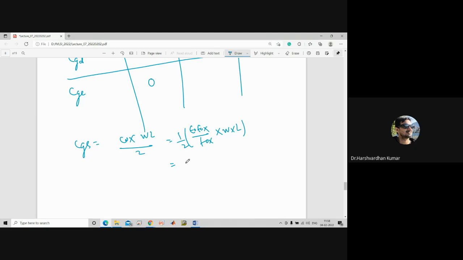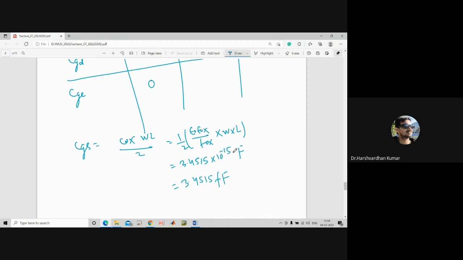So how much are you getting? The value is 3.4515 into 10 to the power minus 15 farad. It means 3.4515 femtofarad. The same value you are getting?